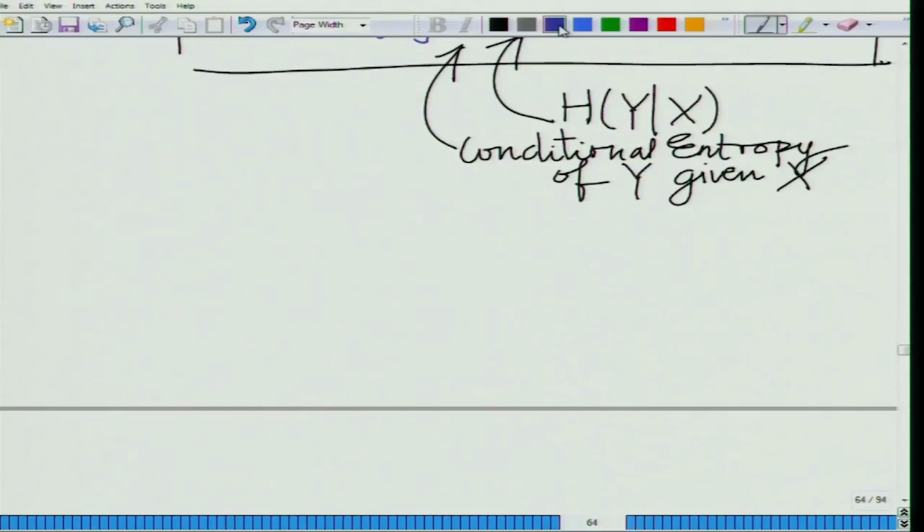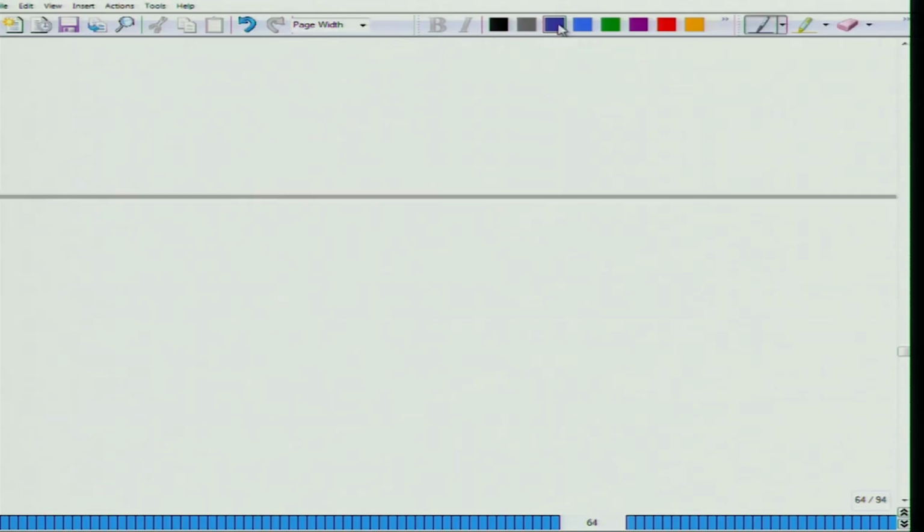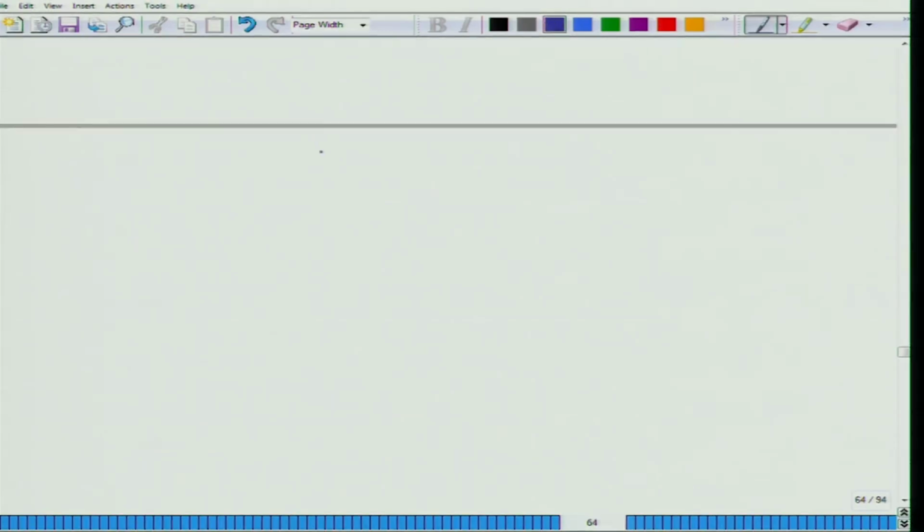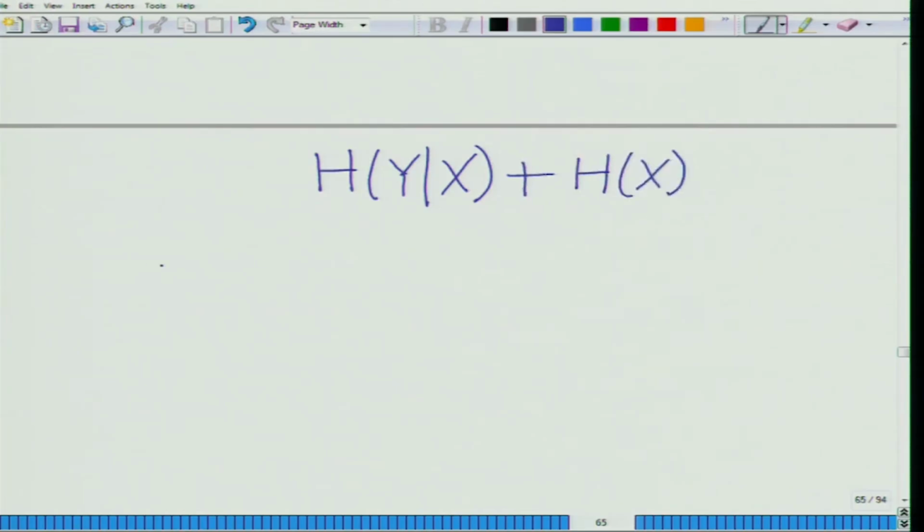Now, let us look at an interesting property of this quantity conditional entropy. H of y given x plus H of x. I would like to look at what this quantity is. This quantity is summation. First I am going to write H of y given x.